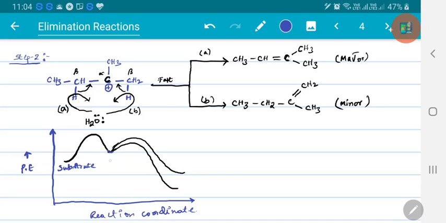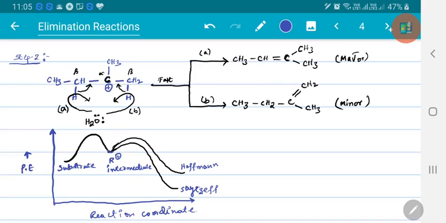This is the energy of R plus carbocation intermediate. So these are the products. One may be the Saytzeff product, because it is more stable, therefore its energy will be low, and the other is the Hofmann product.